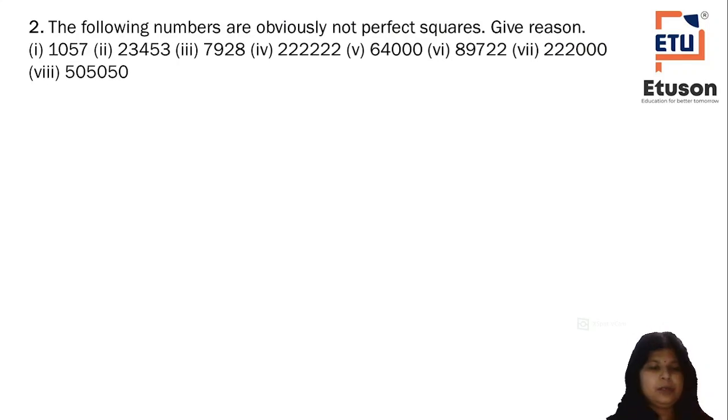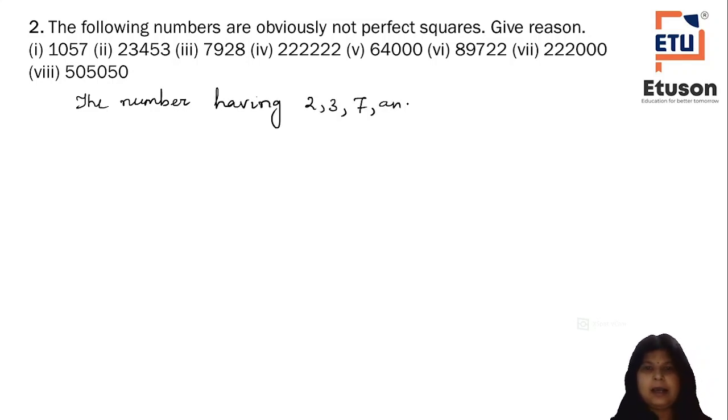The following numbers are obviously not perfect squares. Give reasons. So you have to find out the numbers that are obviously not perfect squares. If you remember, we have discussed that numbers having 2, 3, 7 and 8 at the units place cannot be perfect squares.